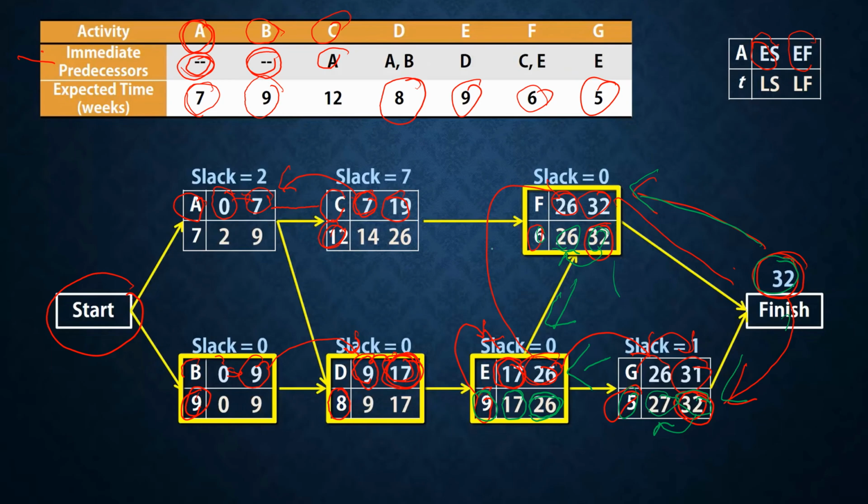The same we have here for C. C's late finish is 26 minus 12, 14.